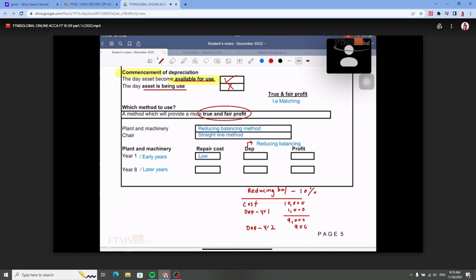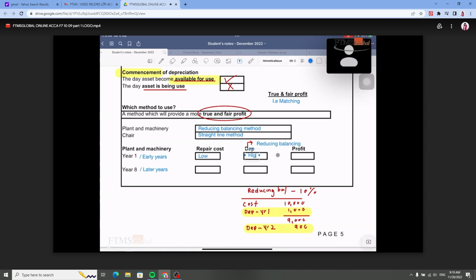I just want to ask you one question. Year one depreciation is 1,000, then year two depreciation is 900. If I'm using the reducing balancing method, my year three depreciation will obviously be lower than 900. So if I'm using this method, my depreciation is higher in the early years.